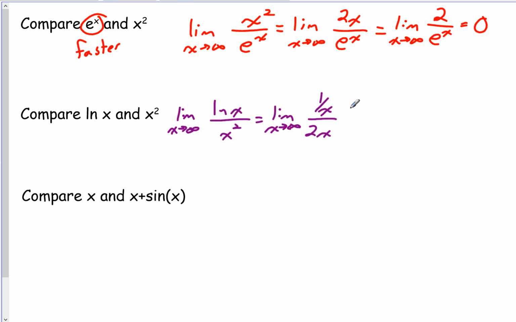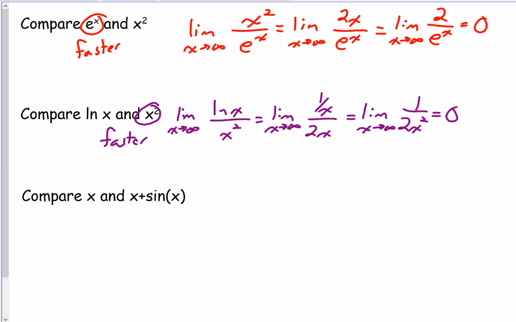Simplifying this compound fraction, that's the limit as x goes to infinity of 1 over 2x squared, and that's 0, so my x squared is faster. Since my limit was 0, the bottom one is faster.